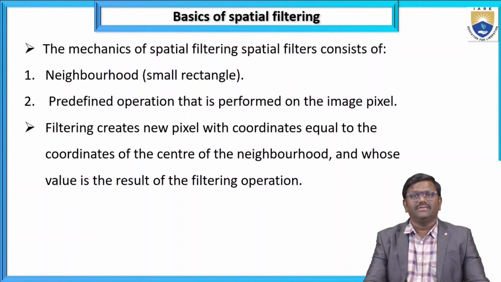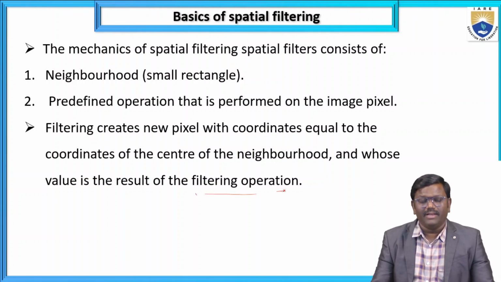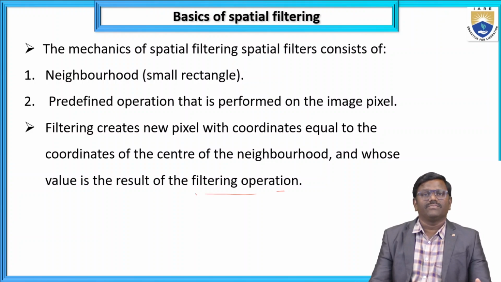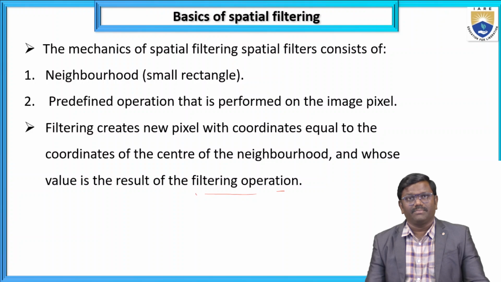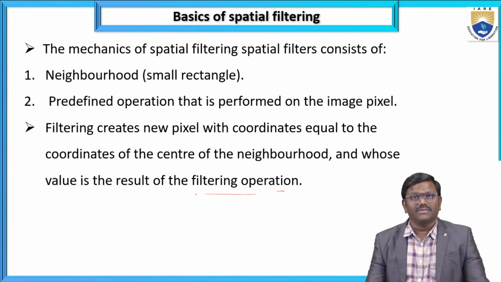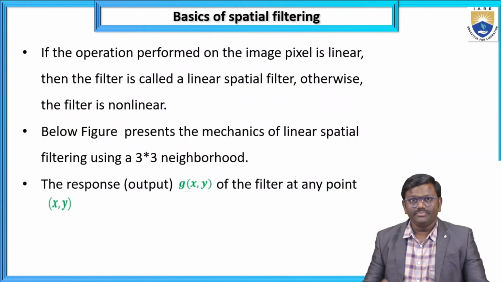Filtering creates a new pixel with coordinates equal to the coordinates of the center of the neighborhood, and whose value is the result of the filtering operation. So the spatial filter mechanism depends entirely on the neighborhood and the predefined operation performed on the image pixels.